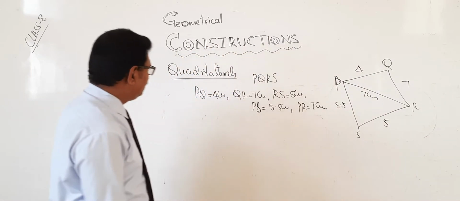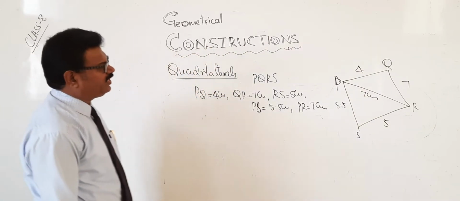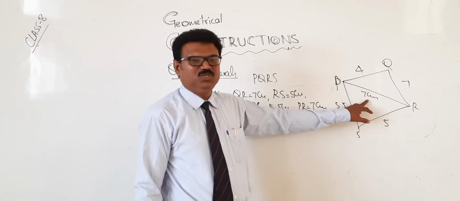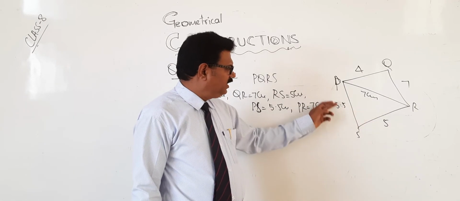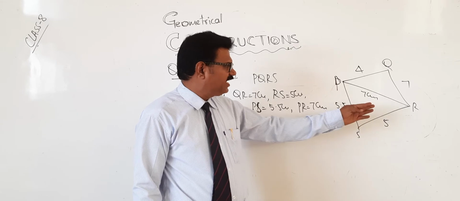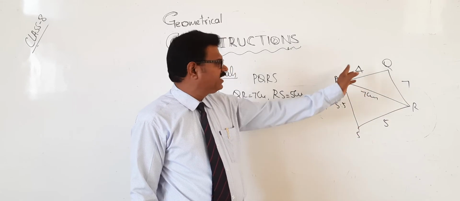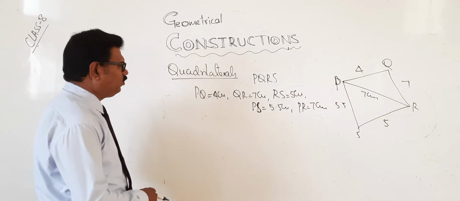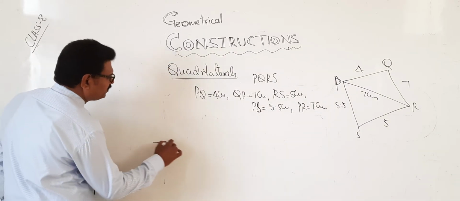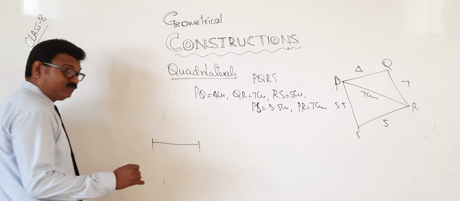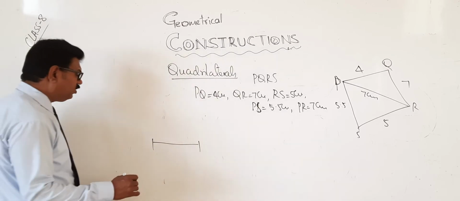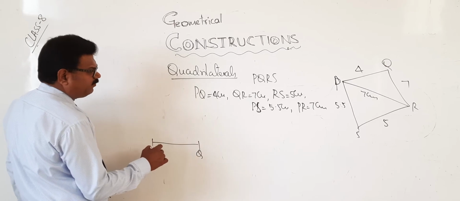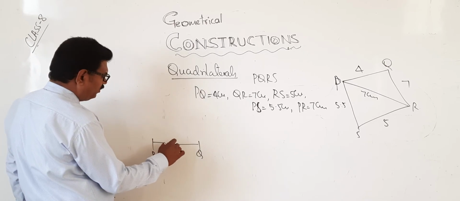That's all. Now, whichever base you want, you can take. PS you can take, SR you can take, RQ you can take, and PQ also you can take. Okay, I will take PQ. First observe, afterwards I will tell. Like so we will do PQ. How many centimeters is PQ? 4 centimeters.